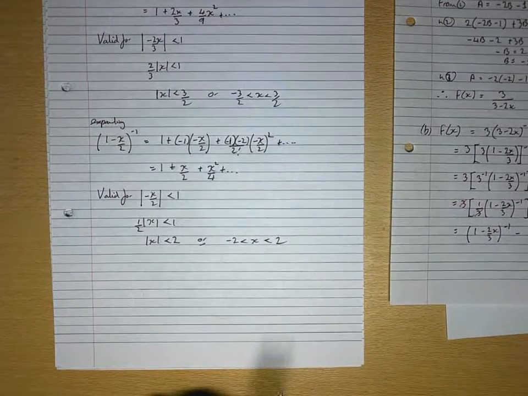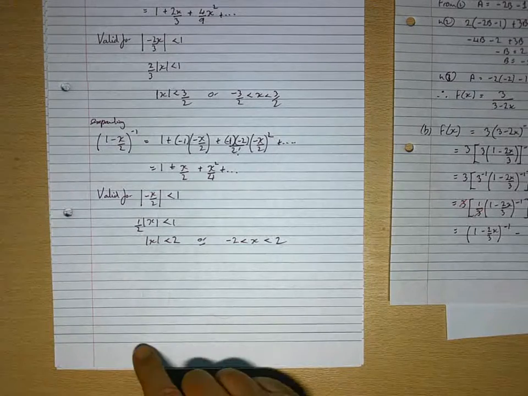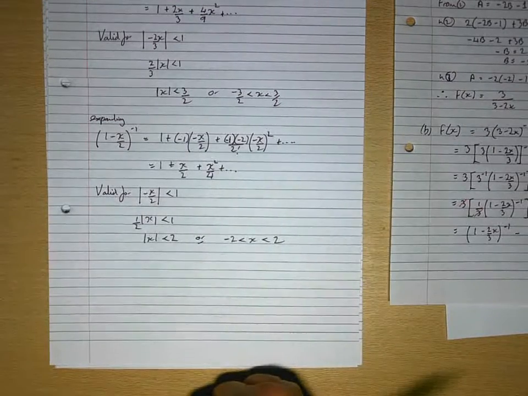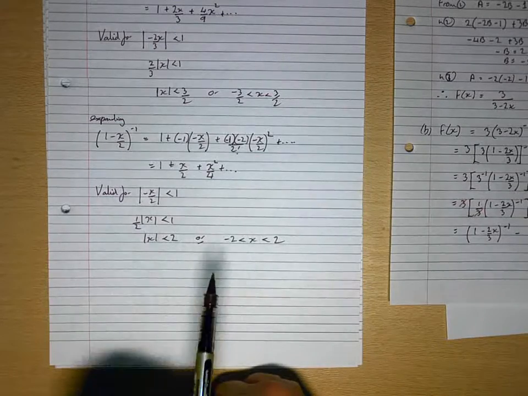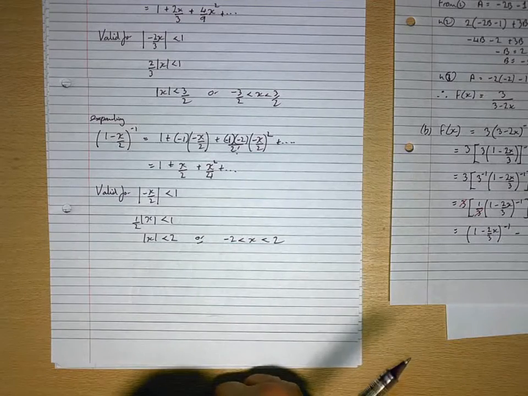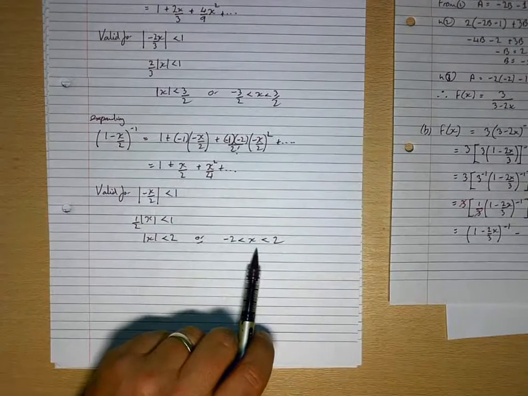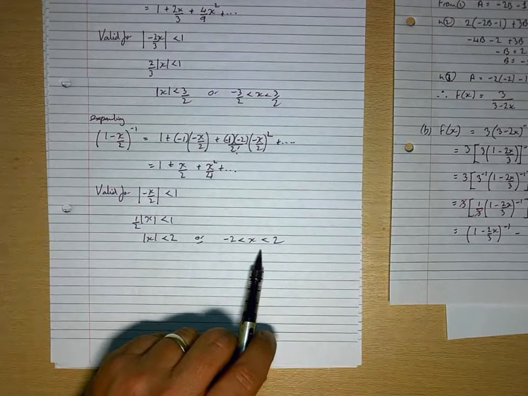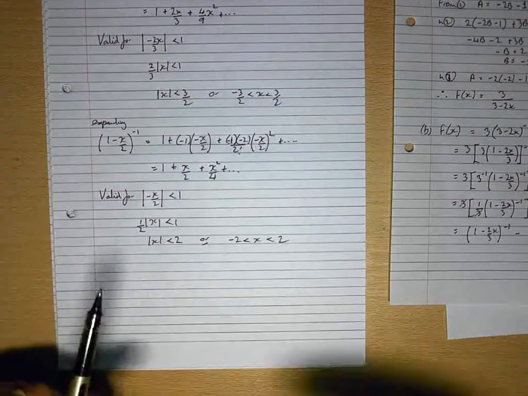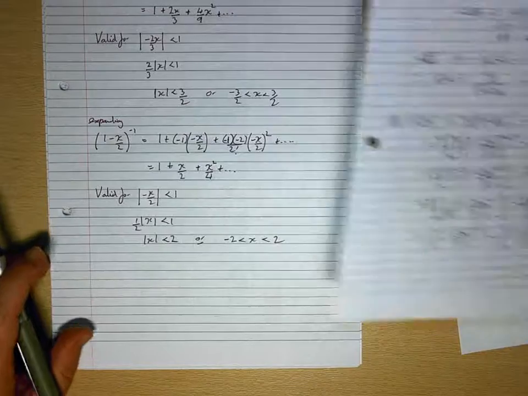So when we combine these two expansions, the combined expansion will be valid for the strictest of these two conditions, and that would be this one. Values of x between 1.5 and minus 1.5 satisfy both sets of conditions, whereas if you were looking at this one, if you had a value of x of say 1.6, it would satisfy that, but it wouldn't satisfy that. We'll talk about that when we come to the finished expansion.